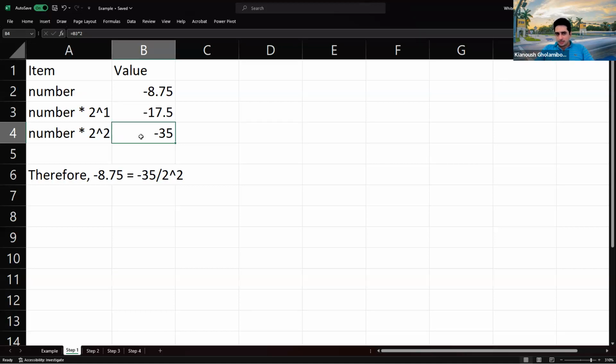But we don't want to get into the details. We're going to just focus on this example. You only need to multiply this number twice by 2 until you reach a whole number. If you can't reach a whole number after twice, or after 5 times, or after 10 times, you may continue up to 23 times, not more than that.